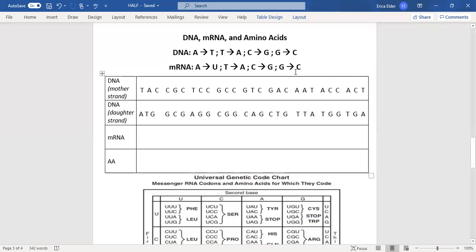So take a look here where you have A to U: the item on the left of the arrow would be the strand above it, paired with a U below. Likewise, if we have a T, it's paired with an A in the same pattern as before. So take this time to pause the video and attempt to do your mRNA strand.